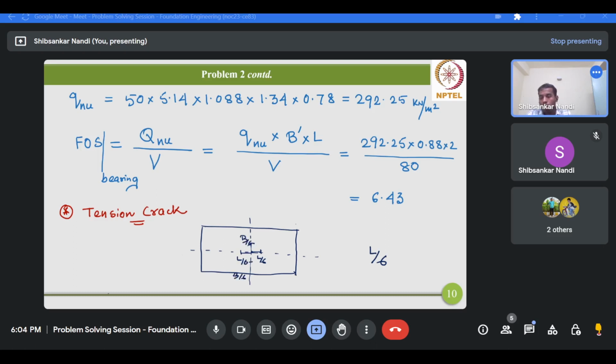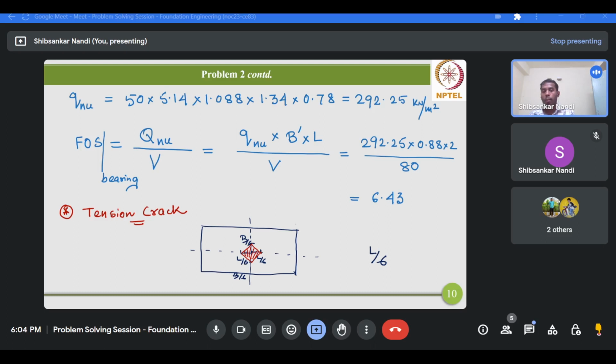So you will have a shape that you can call a rhombus. Your externally applied load should act within this region. If the externally applied load is acting within this region, there is no chance of tension building up at the footing base.